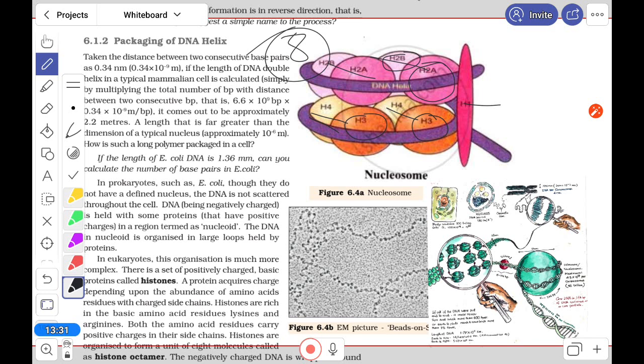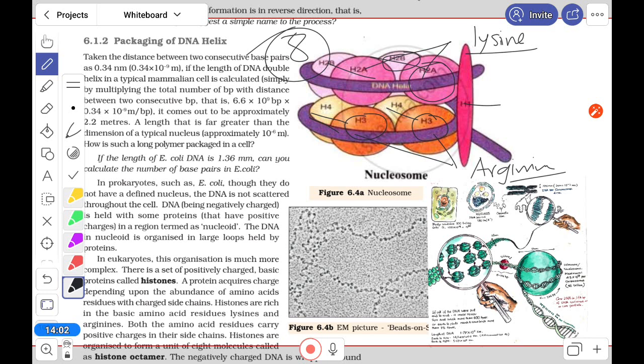Okay, so the histone protein contains the basic amino acid residues lysine and arginine. So these two contain lysine, and these other two have more arginine.